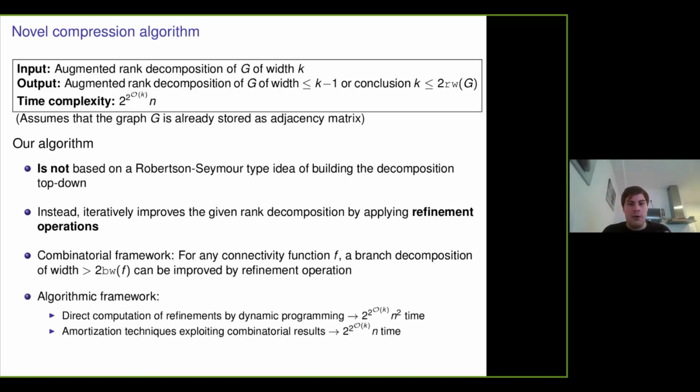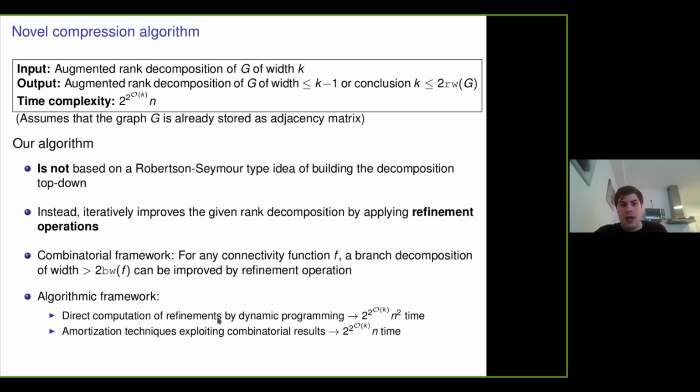Now this algorithmic framework is based on iteratively applying these refinement operations, and we might need n refinement operations to improve the width by even 1.